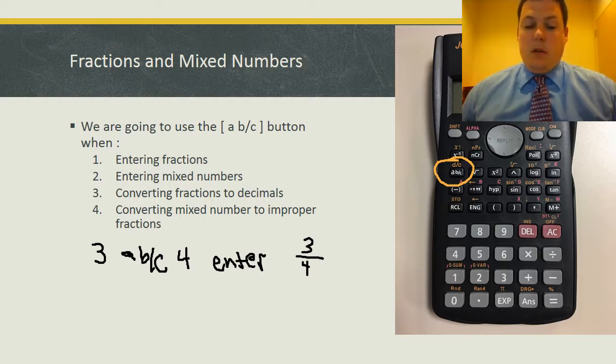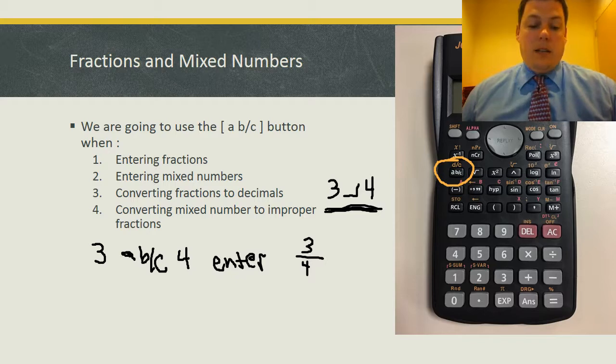Now when you type it in, what you're going to see on the calculator as you're typing it, the ABC puts a little backwards L in place. So it's letting you know that you're typing in a fraction, so it will look like this as you're typing it in.